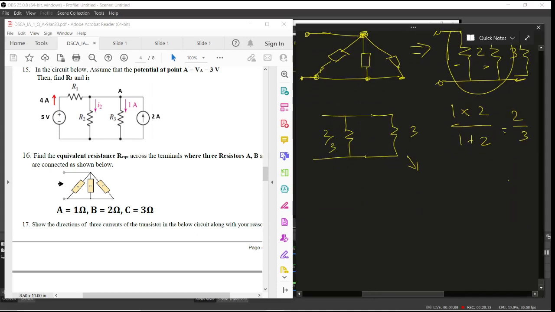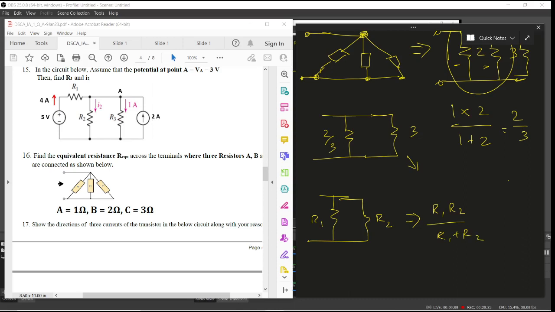Again R1 into R2. Just to recall the parallel resistance equation, R1 R2 parallel equivalent is R1 R2 divided by R1 plus R2. So that equation if you have to apply here, now 2 by 3 into 3 divided by 2 by 3 plus 3.